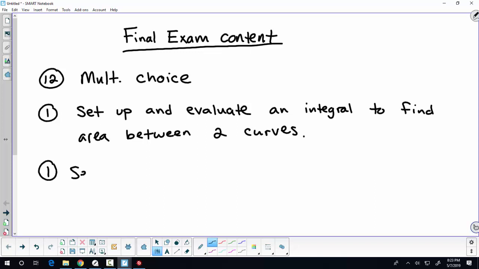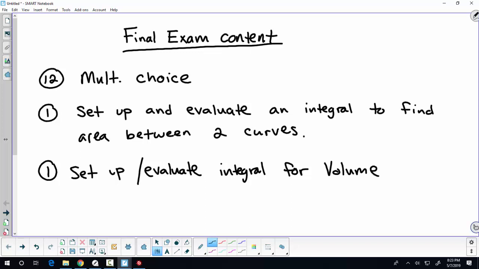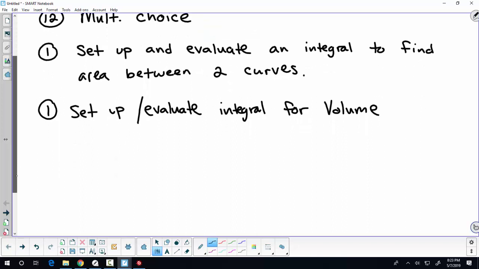One where you set up and evaluate an integral for finding volume, using the disk washer method.